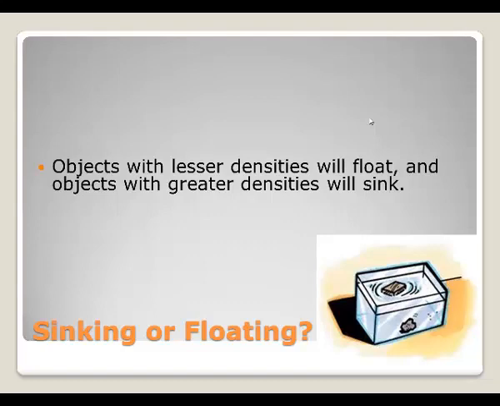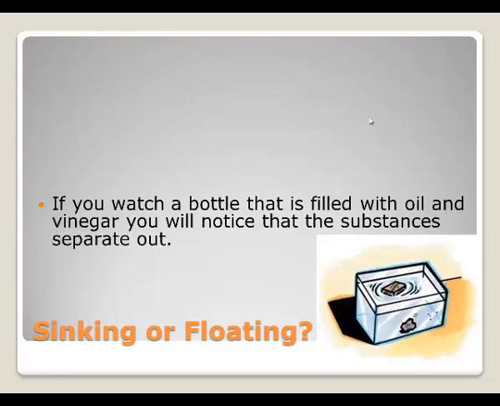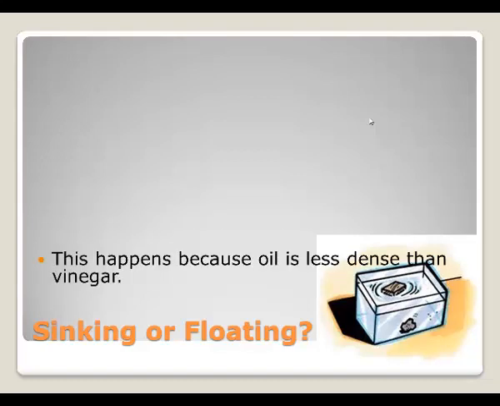So any object with lesser densities will float, and objects with greater densities will sink. So if you watch a bottle that is filled with oil and vinegar, you notice that the substances slowly separate out. This happens because oil is less dense than vinegar.